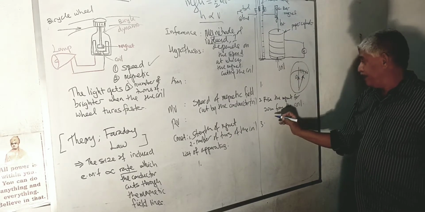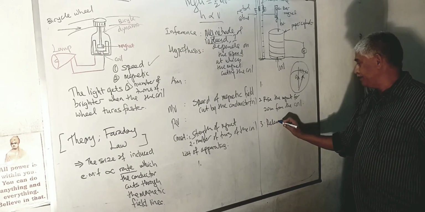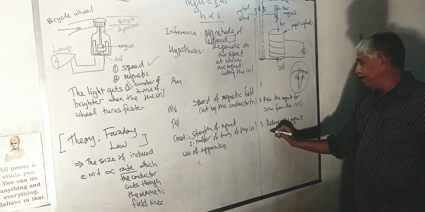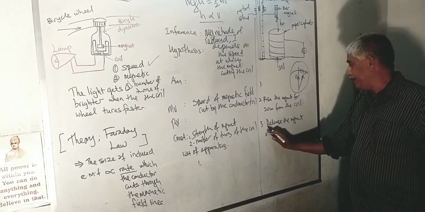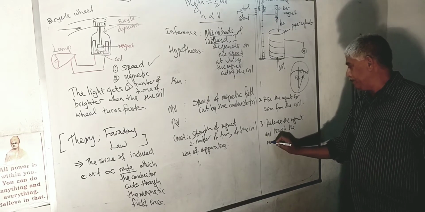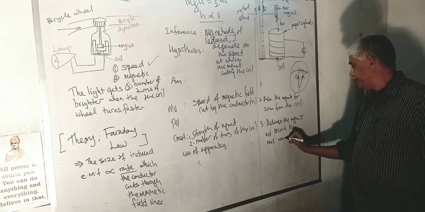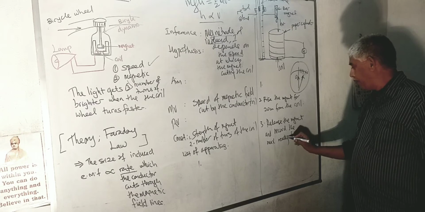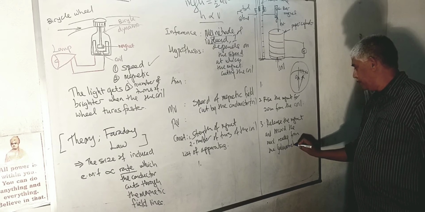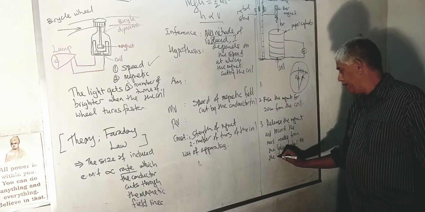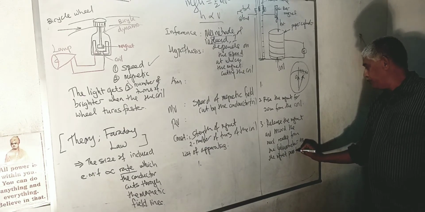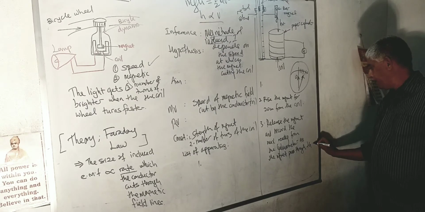Raise the magnet, then release the magnet and record the maximum reading from the galvanometer as the magnet passes through the coil.